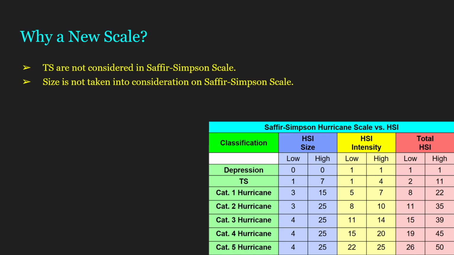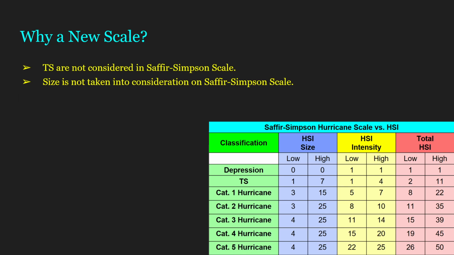This is the exact same for almost any tropical storm scale worldwide. It doesn't really matter what scale it is because they all just measure wind speed and only wind speed. It just doesn't take into consideration depressions and tropical storms.